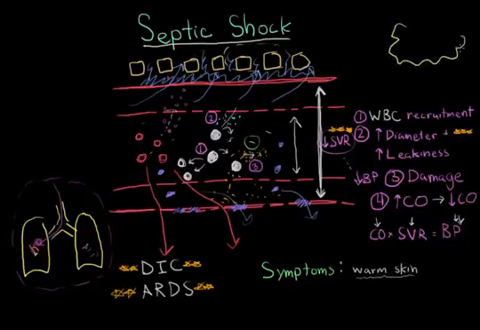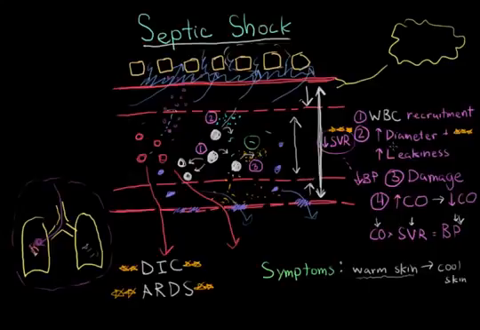However, as a patient is in shock long enough and their sympathetic nervous system tries to increase blood pressure, it's going to clamp these vessels back down to try to improve the resistance, the systemic vascular resistance, and maintain blood pressure. So with progression of septic shock, patients will eventually have cooler skin. And this is a bad sign because obviously it means septic shock has been occurring for a long period of time. And the clamping down of these blood vessels doesn't necessarily mean that fluid can't escape anymore.